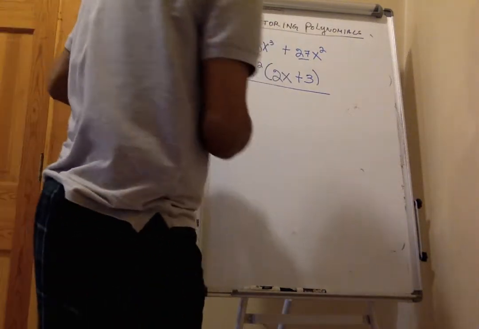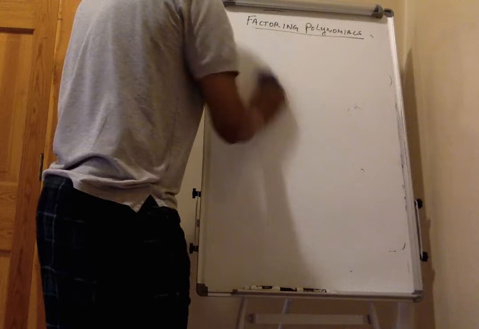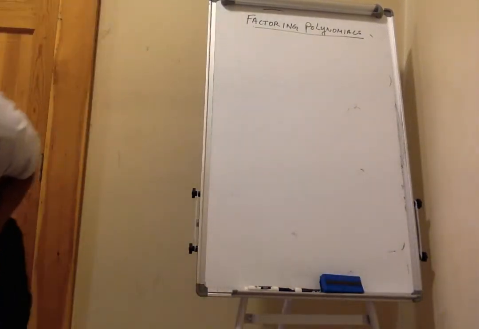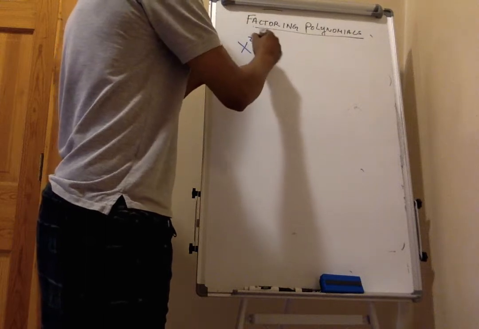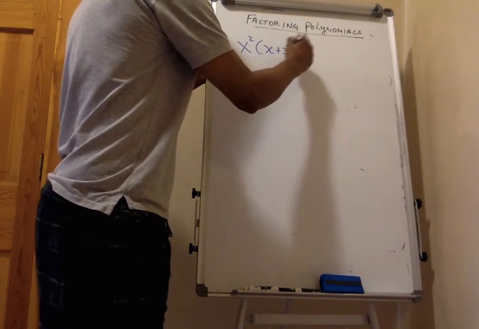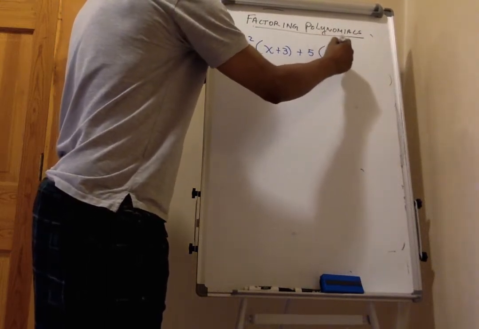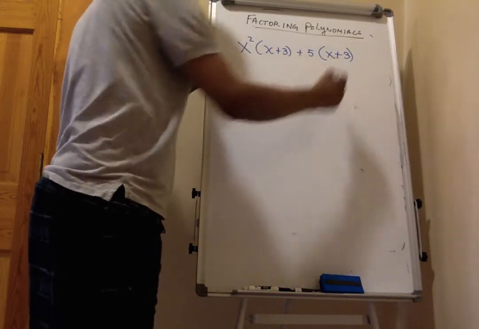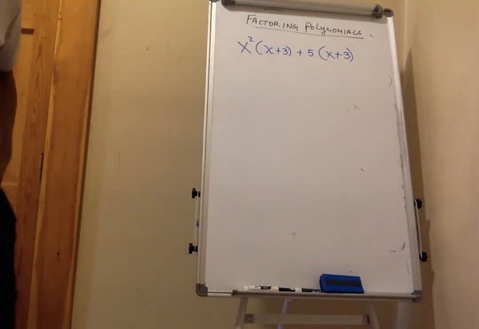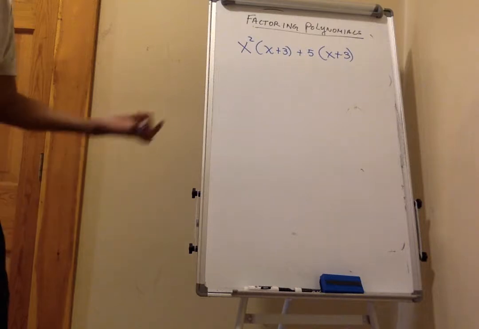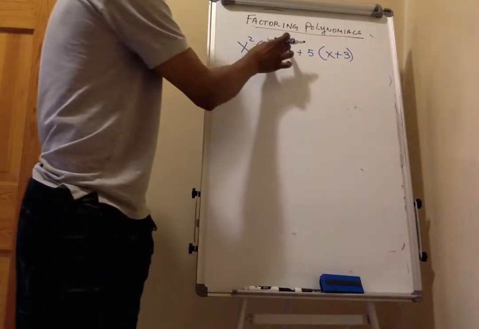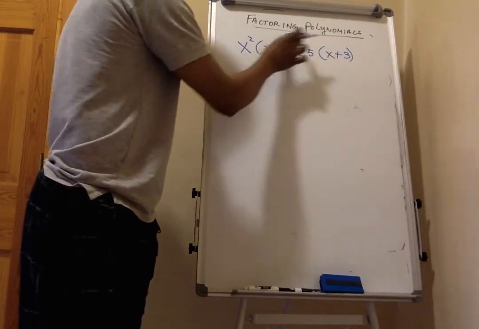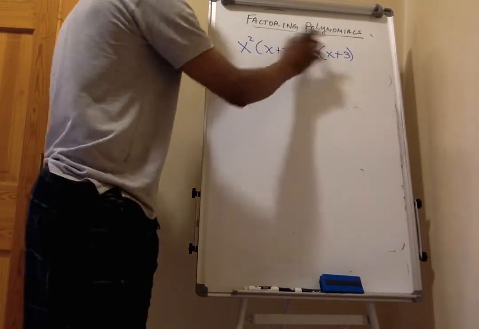You could also see this kind of polynomial, and then you are asked to find the factors. Look, x plus 3 is popping out twice on both sides of the board.